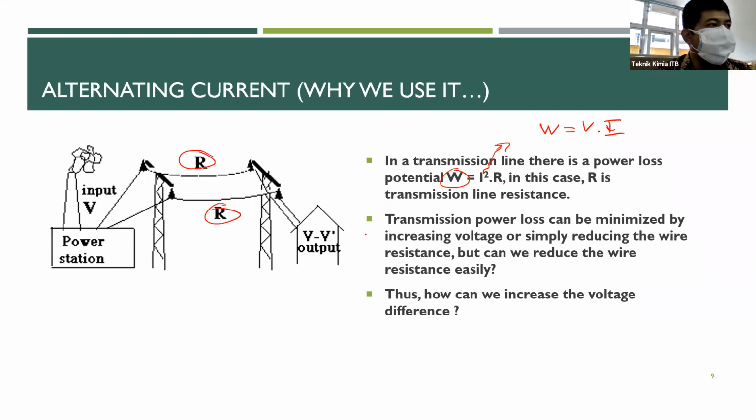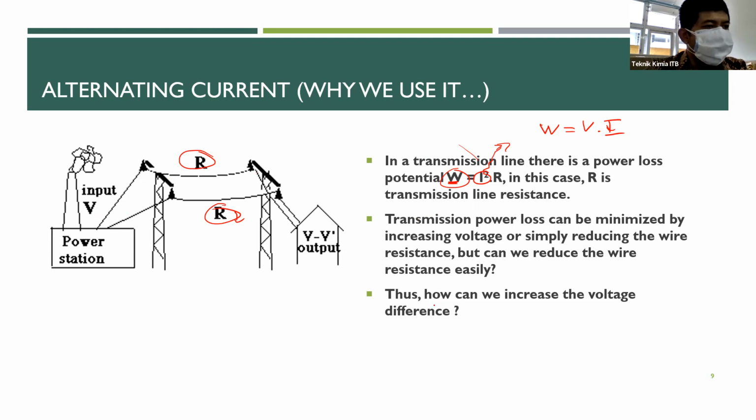How can we reduce the energy loss? Actually, it's simple. We can reduce the resistance or we can increase the voltage. Reducing resistance means you are going to need to change all of your wire. By increasing the voltage, you can reduce the current, and then you have reduced power loss.